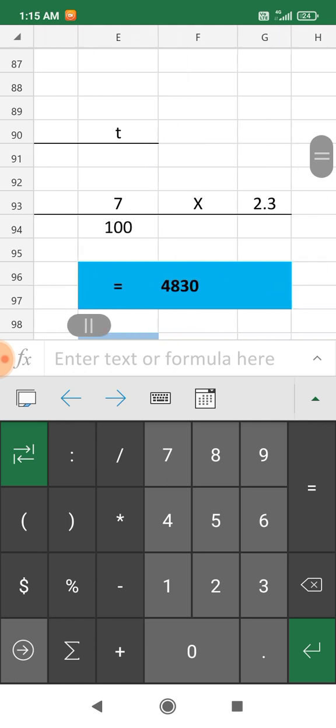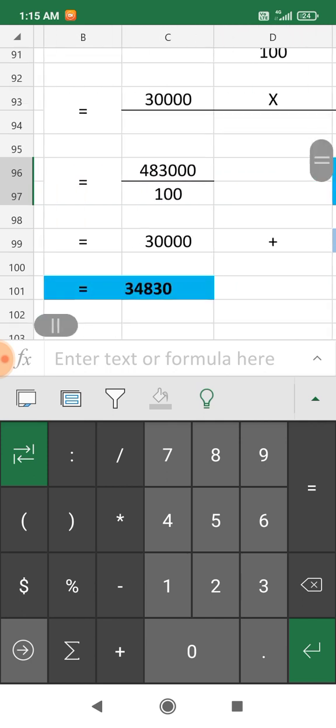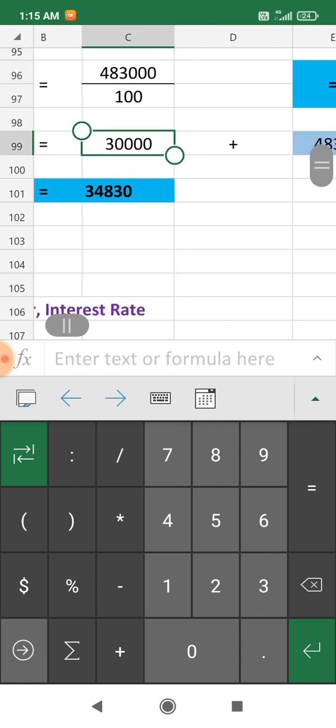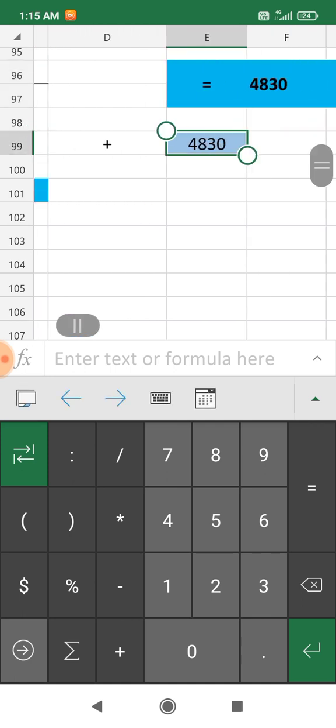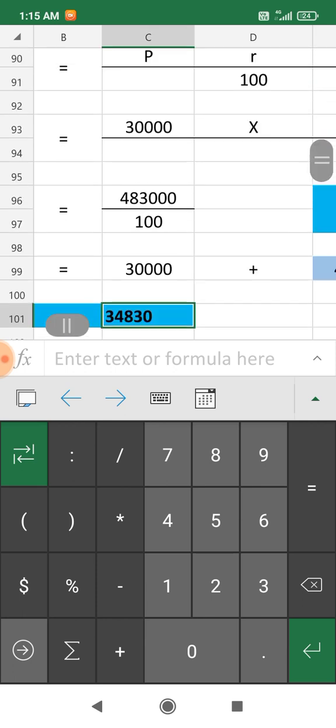Do these multiplications and the final answer is this. So this is our simple interest. And how much do we get as a return? PI equals P plus I. That means this much amount we get as a return.